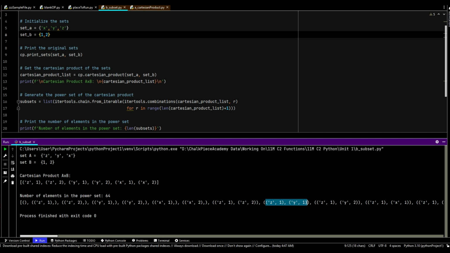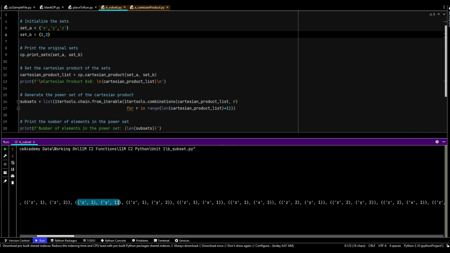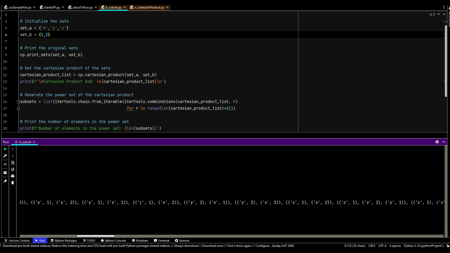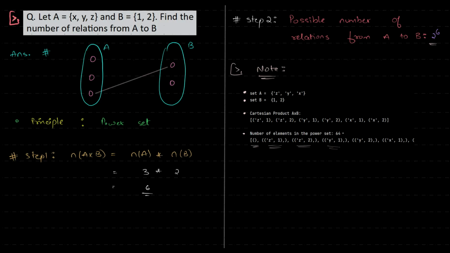Of course, I have to scroll a long way to find that. Yeah, we have it over here. That's your first relation with 3 possible ordered pairs. So the funda is, we can define it in 2 to the power of 6 ways.